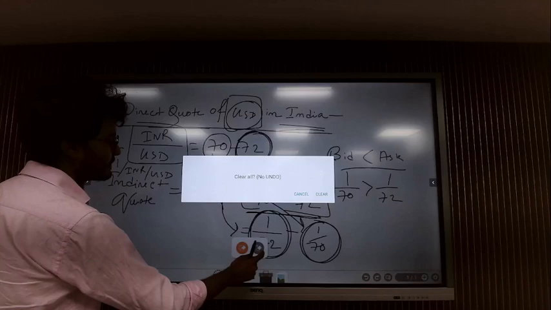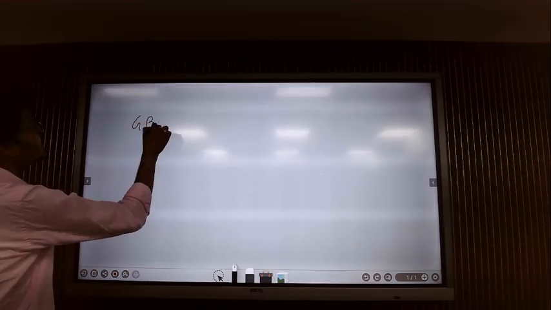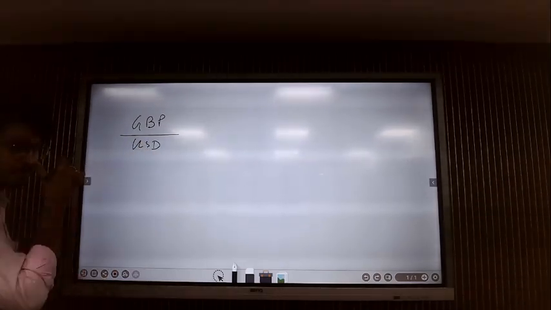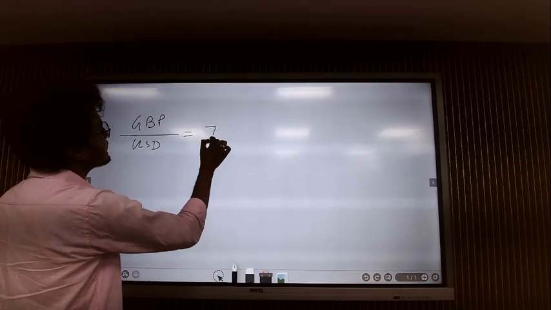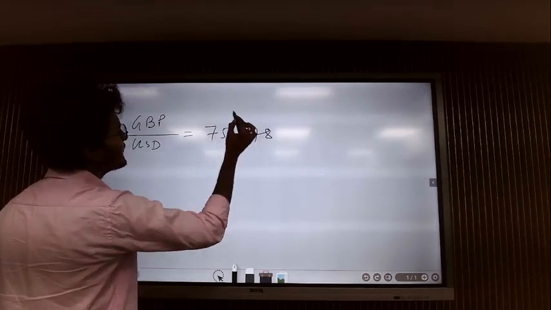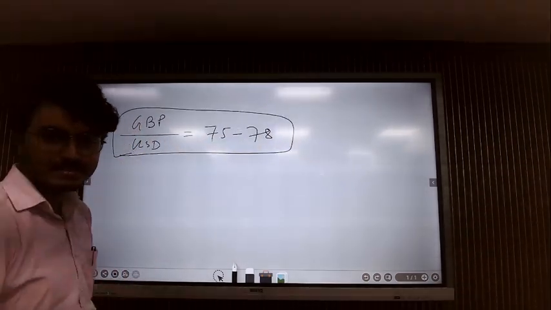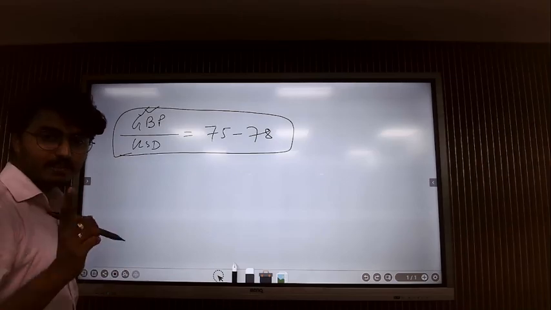Another example. Suppose GBP by USD, just as an example, 75.78. Is it a direct quote or an indirect quote? How do we define it? In the numerator is GBP, that is Great Britain pound.